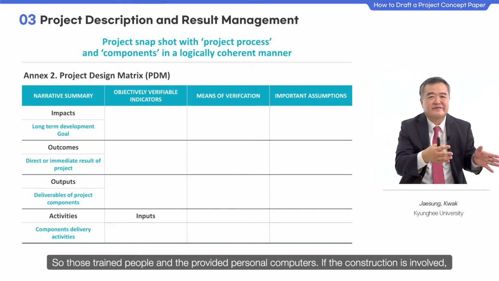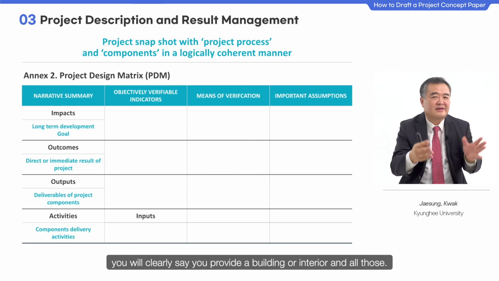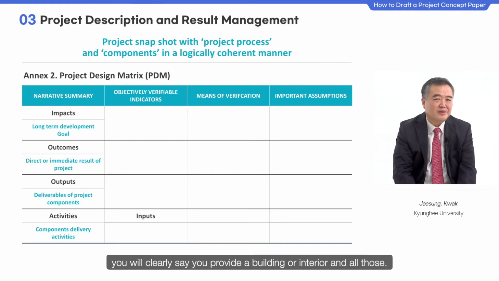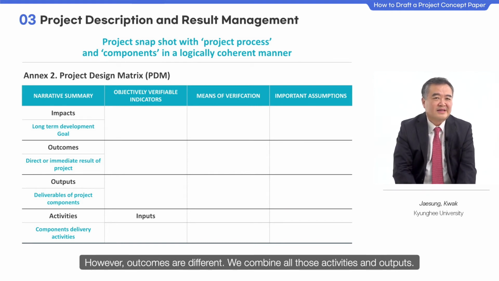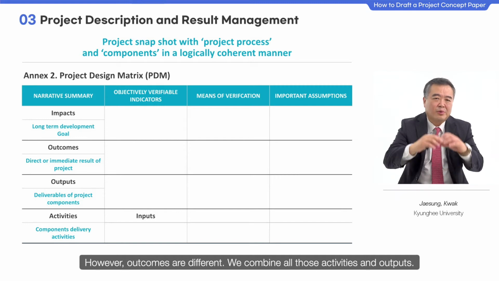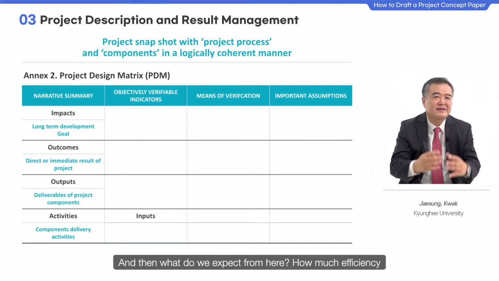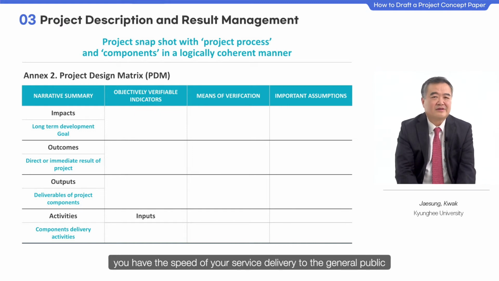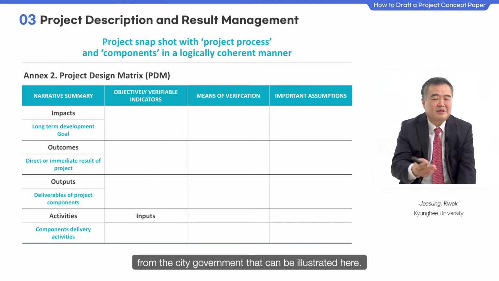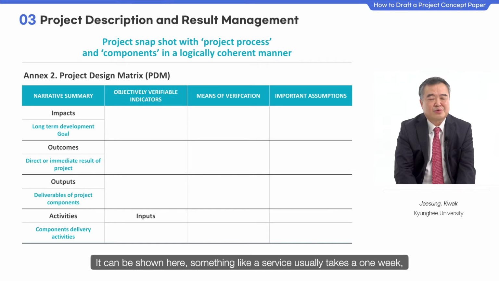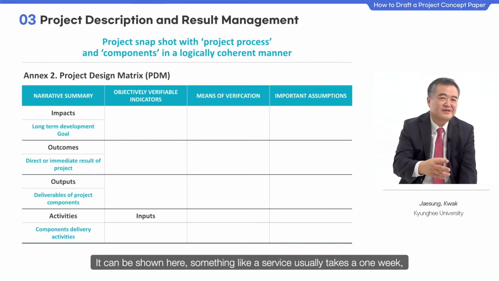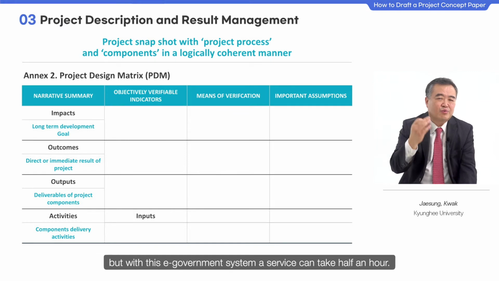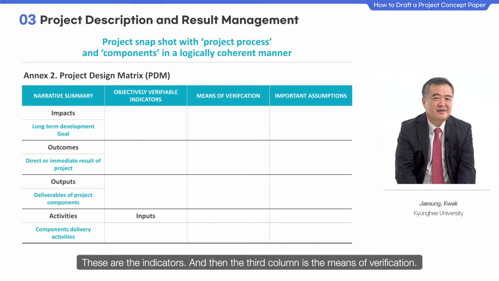If construction is involved, you will clearly say you provide a building or interior and all those. However, outcomes are different. We combine all those activities and outputs, and then what do you expect from here? How much efficiency? The speed of your service delivery to the general public from the city government can be shown here. Something like a service usually takes 1 week, but with this e-government system, a service can take half an hour. These are the indicators.